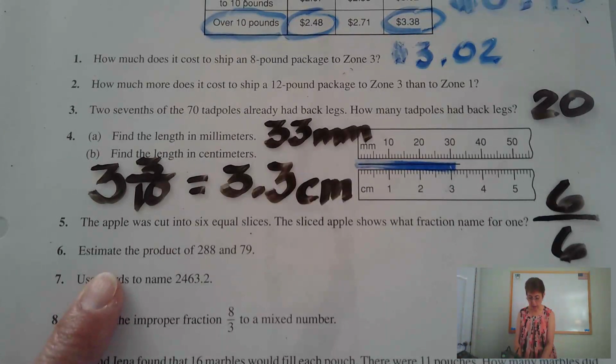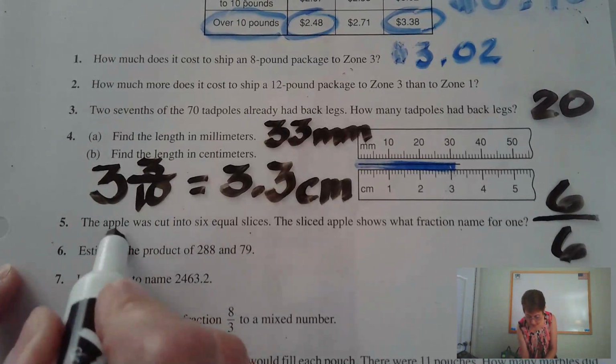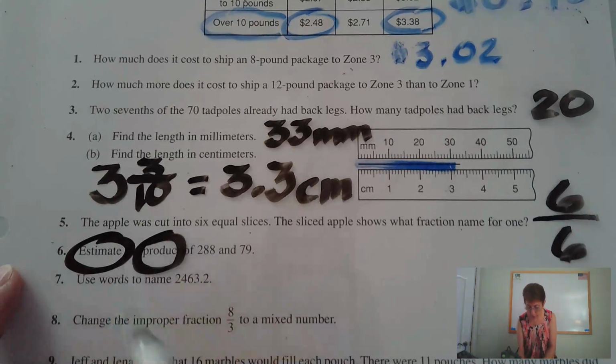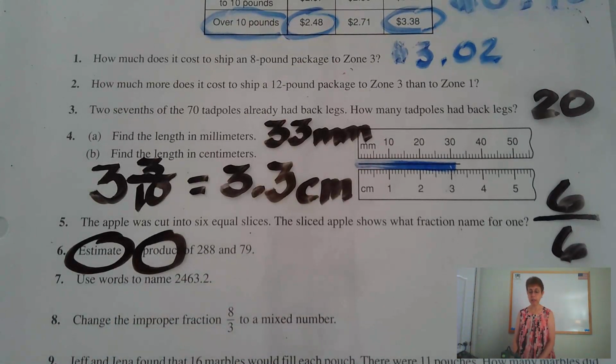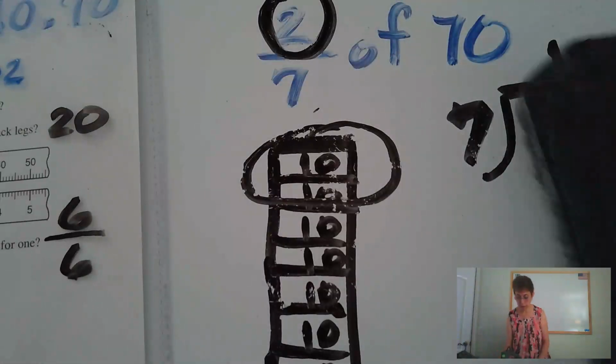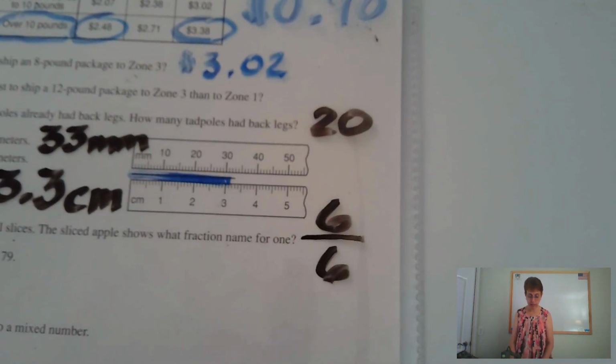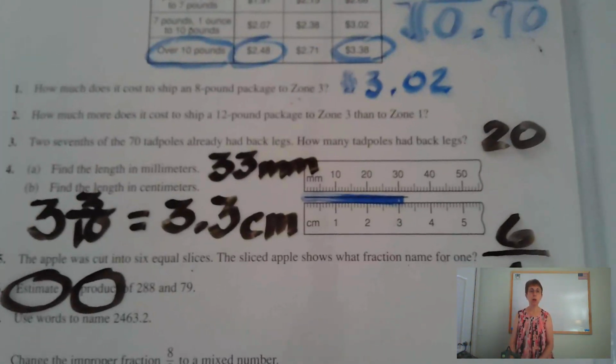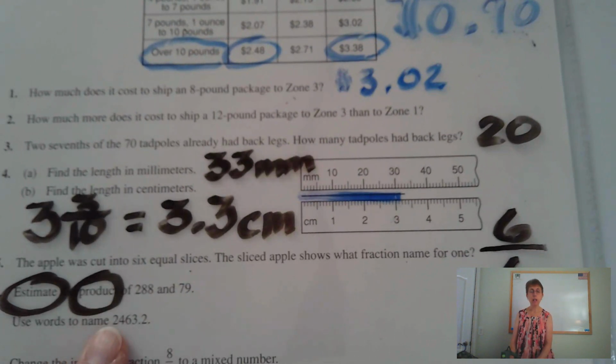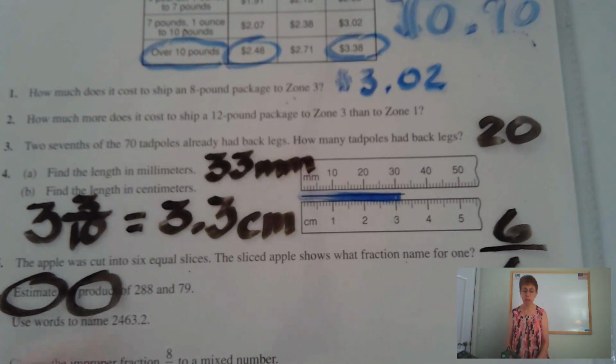Number 6, estimate. Again, keywords, estimate the product of 288 and 79. I'm still seeing lots of errors with this. Estimate the product. Well, first of all, estimate means you're going to use rounded numbers, not an exact answer. And a product is the answer you get when you multiply. Therefore, you need to multiply.